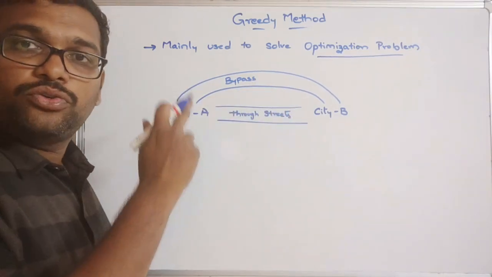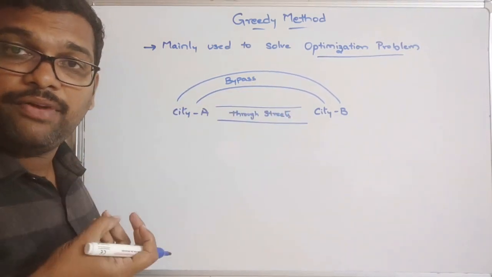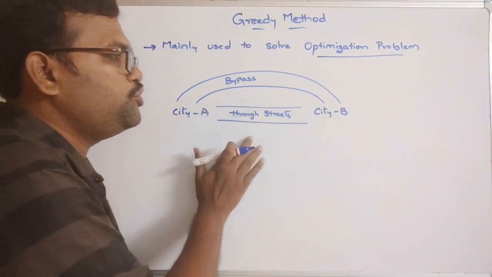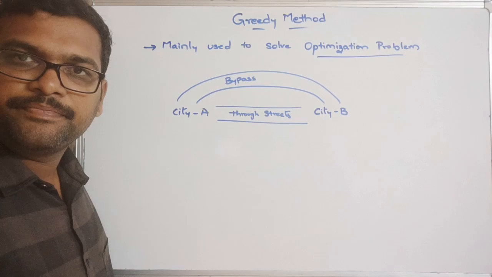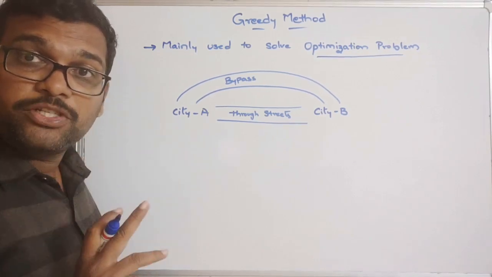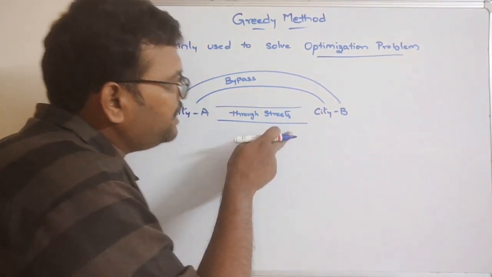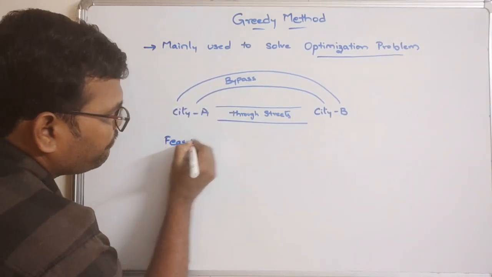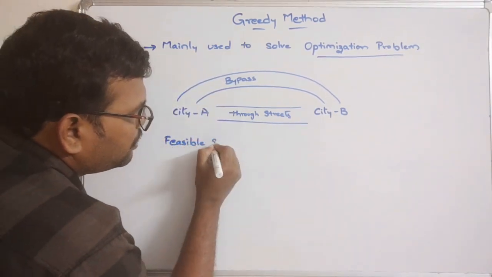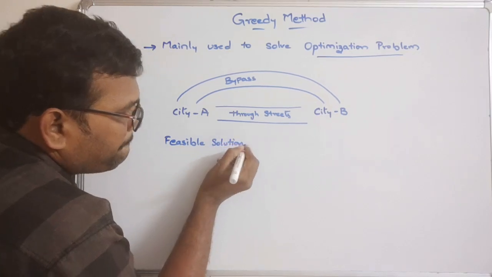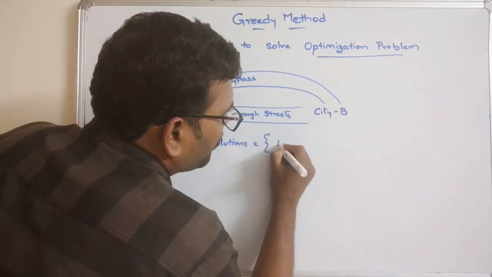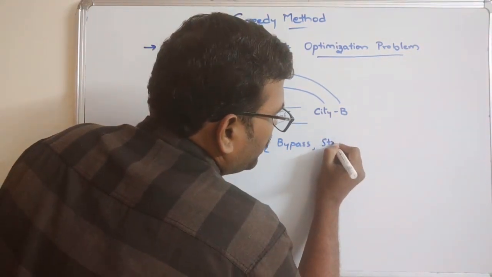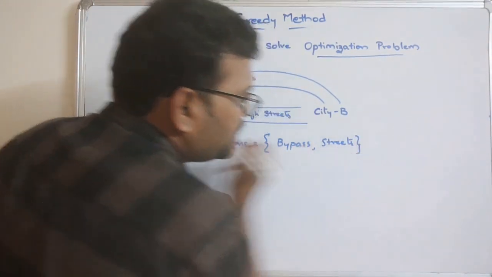So there are two solutions. We can travel from city A to city B among these two paths. So the feasible solutions are through the streets and through the bypass.